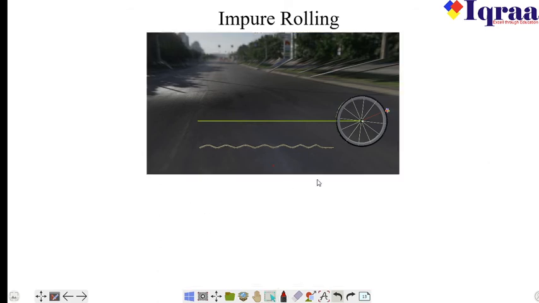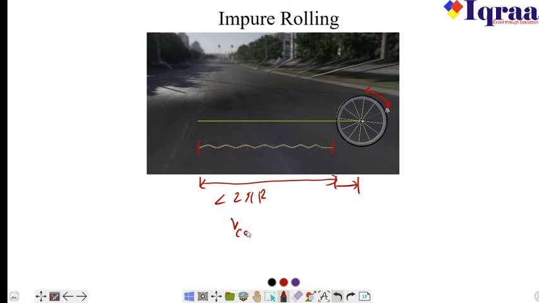By the time the complete thread is unwound, the wheel has moved a distance which is less than 2 pi r, but the complete thread length, which is 2 pi r, has been unwound, and when we take the complete distance 2 pi r, the wheel has rotated an extra angle.